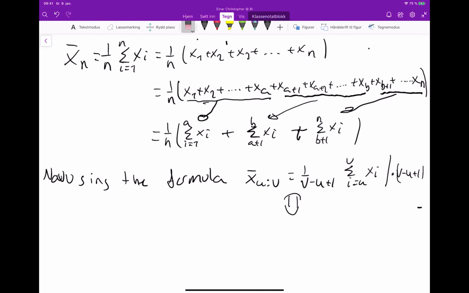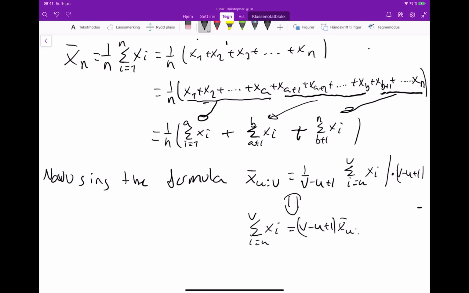We get that the sum of the x's from i equals u to v is equal to v minus u plus 1 times x bar.